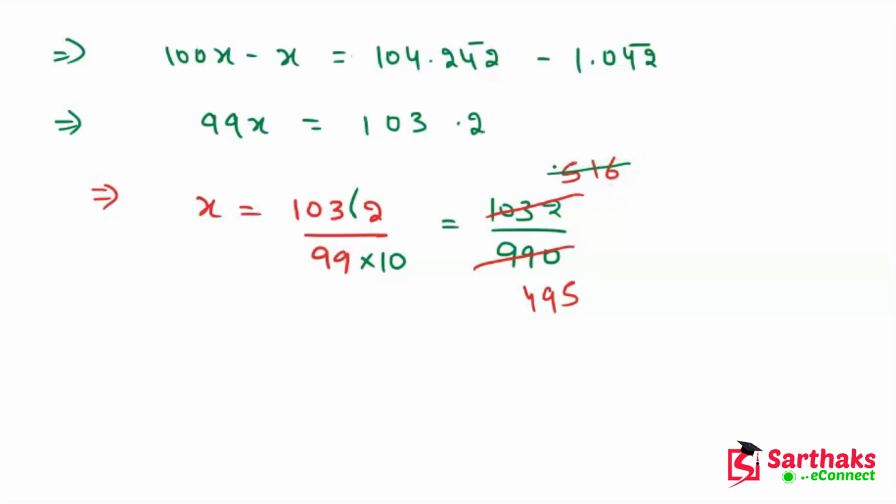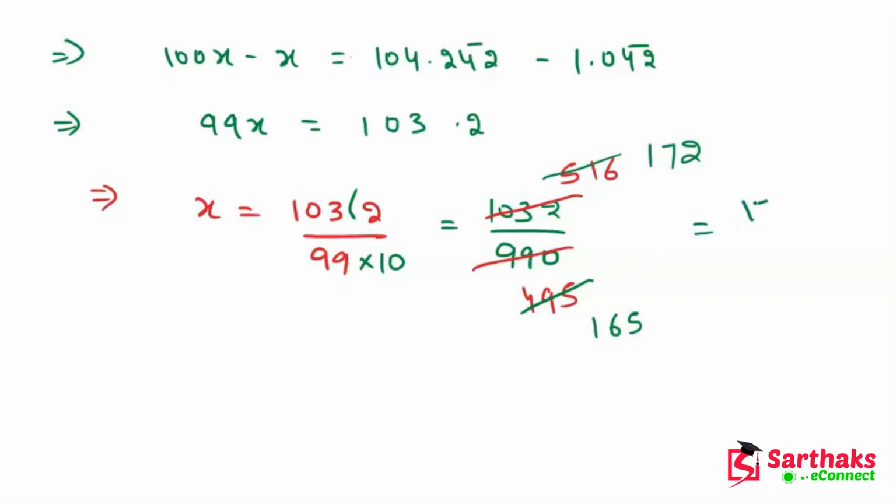Now again we have to reduce it into the simplest form. So this can be divided by 3. Dividing by 3 gives 172, and the denominator gives 165.